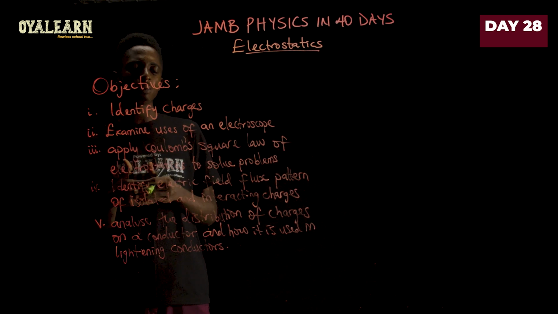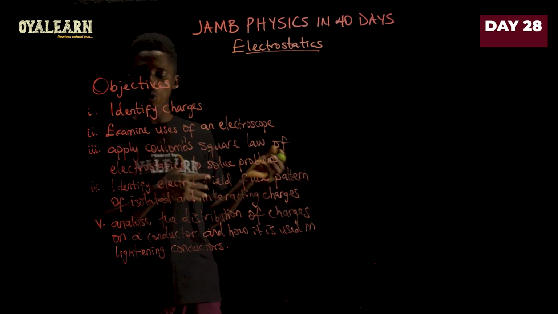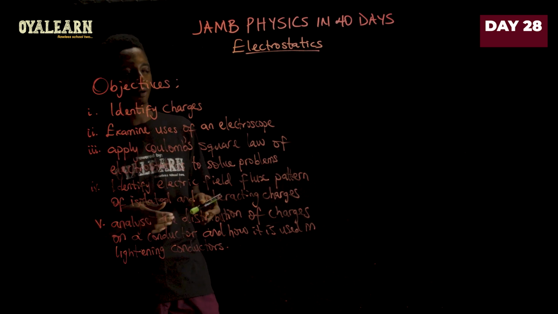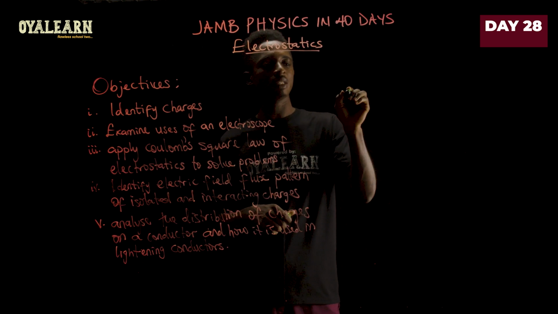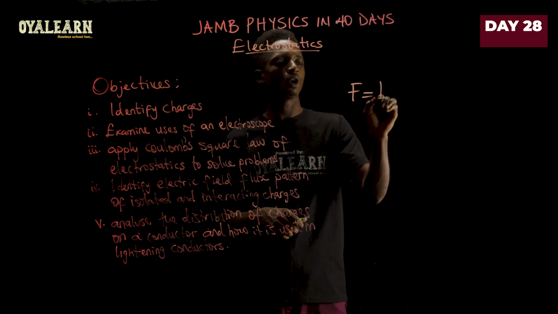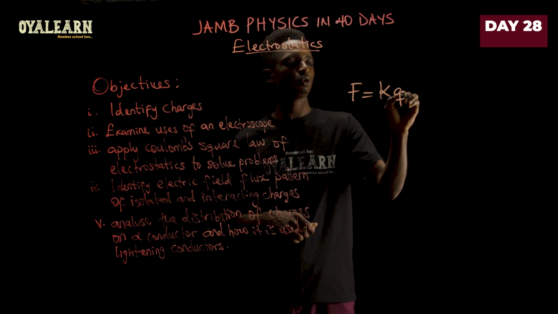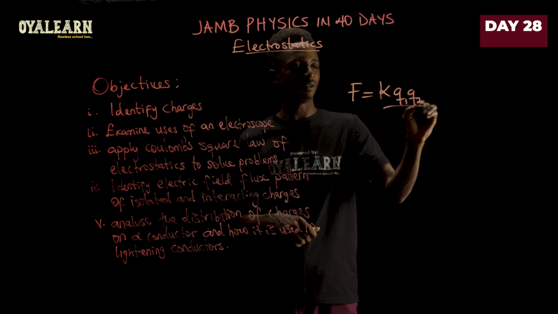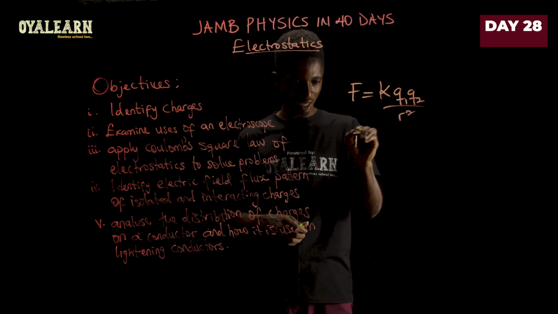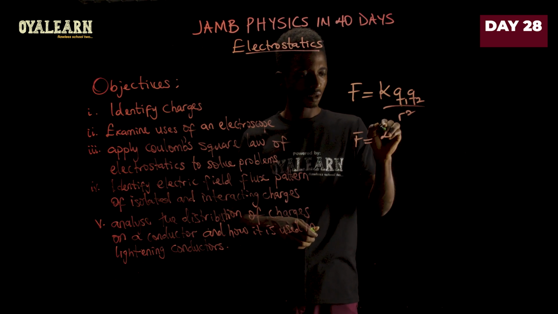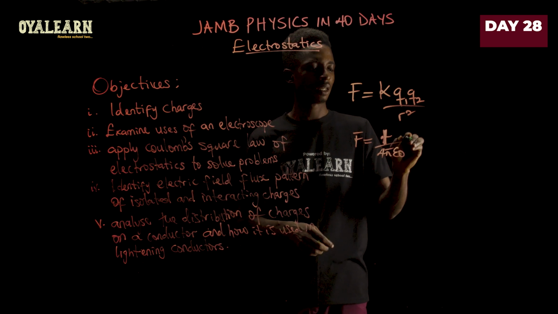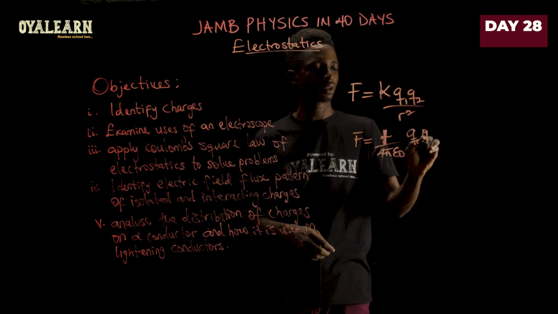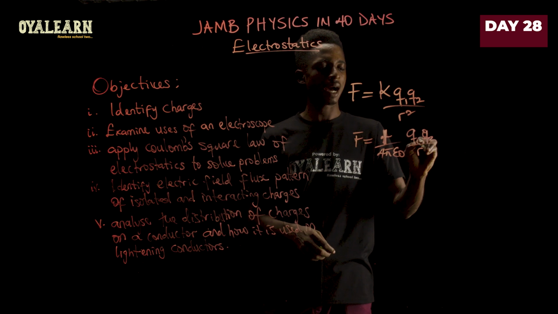Thirdly, they expect that you should be able to apply Coulomb's inverse square law of electrostatics to solve problems. Now, the inverse square law can be combined together to give you this equation where we say F equals K Q1 Q2 over R squared, or we just say F equals 1 over 4 pi epsilon naught, then Q1 Q2 over R squared.